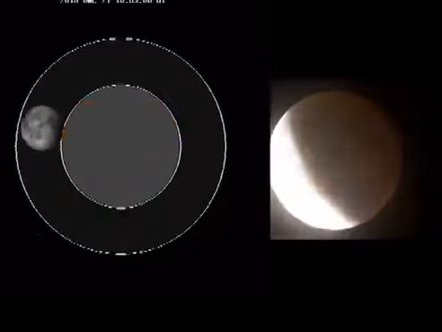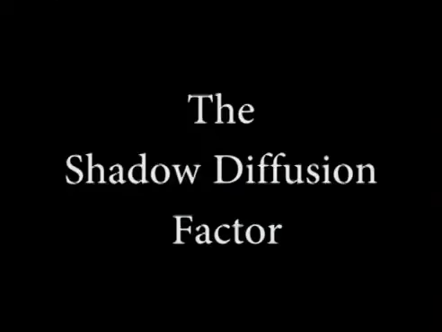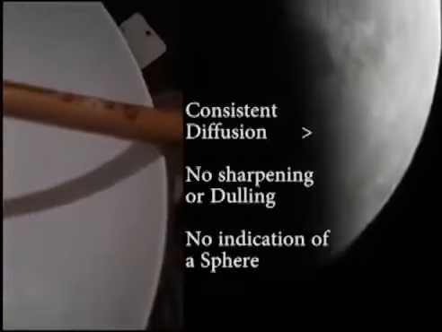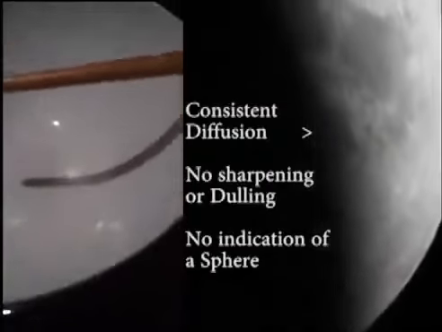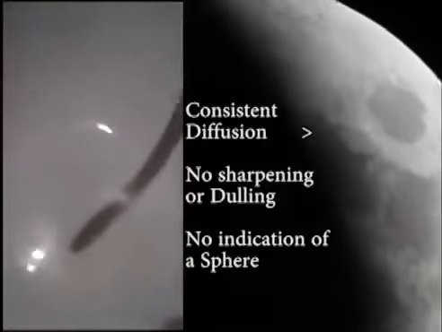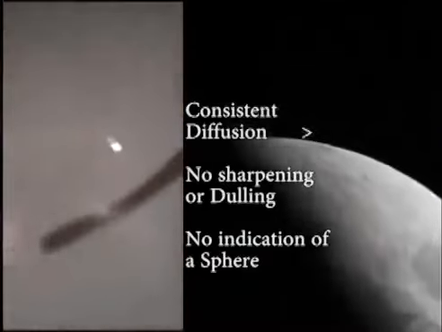Which brings us to our next factor, the shadow diffusion factor. Note, the shadow is more crisp on the edge of the bowl than it is in the lowest portion of the bowl, and sharpens as it rises back up to the edge or the source of the shadow.